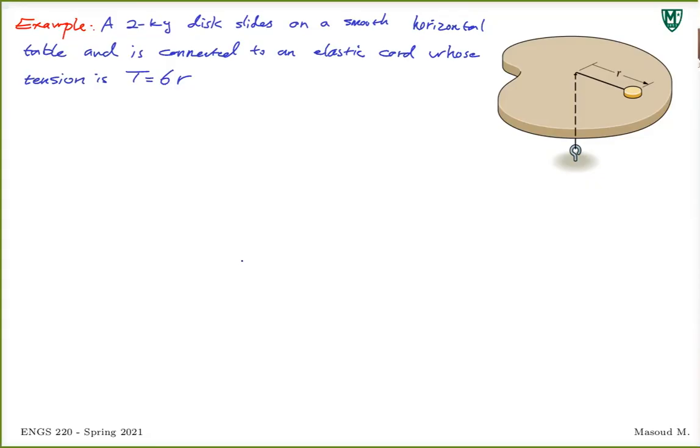You can think about the rubber, meaning that R changes. It's not a typical kind of cord that we have. That's what they're trying to say. So depending on how far you are, the tension force in this cord changes. So that force is a function of R, 6R Newton.